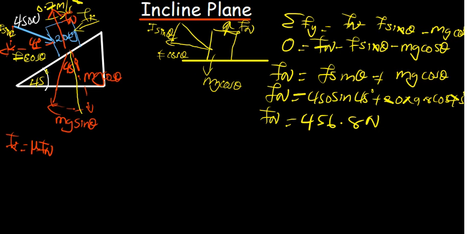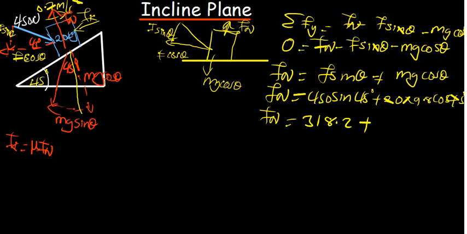If I do 450 sin 45, I'm getting 318.199, so we can just say 318.2.